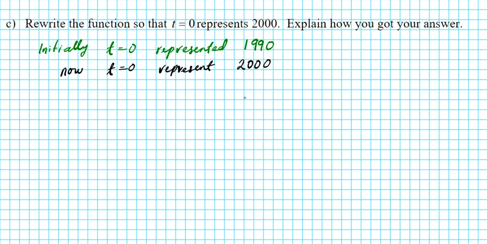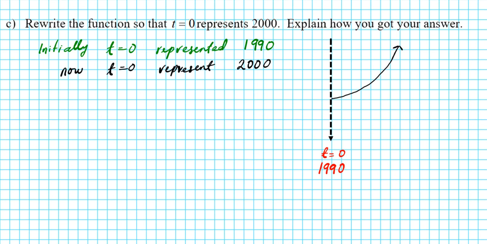2000. So this represents a shift in our axis. Let's say we have some quadratic function that looks like this. Our starting axis before, for t equals 0, was 1990.